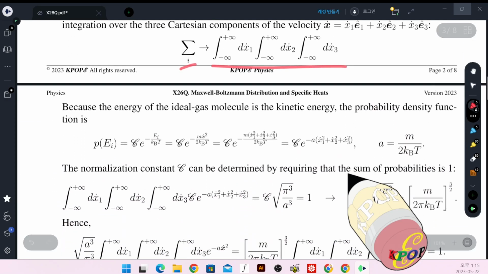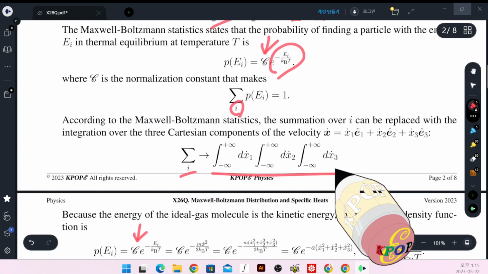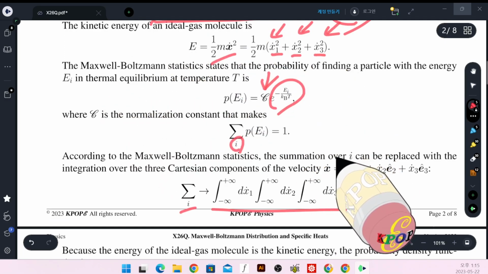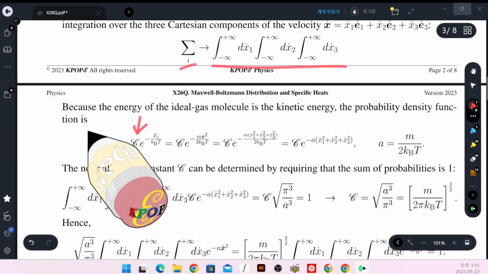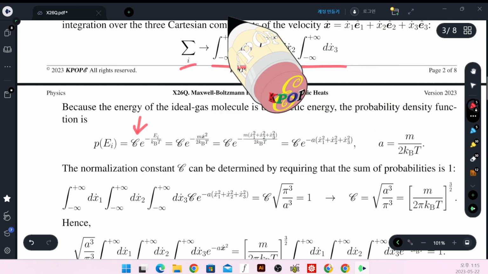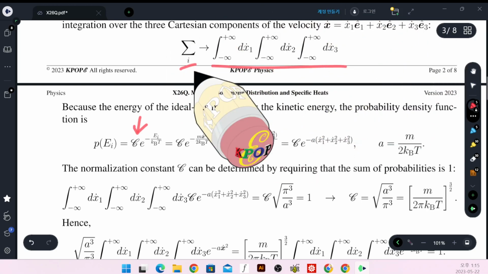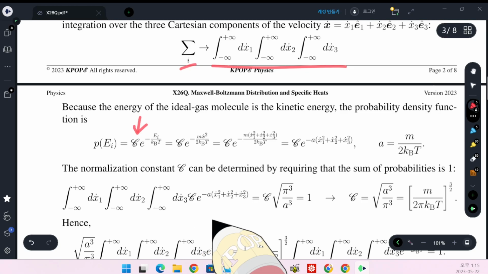So we keep the normalization factor C undetermined, but we'd like to impose that the distribution based on the Boltzmann factor, summed over all possible states of velocity distributed over three components of velocity, should be fixed to be unity.